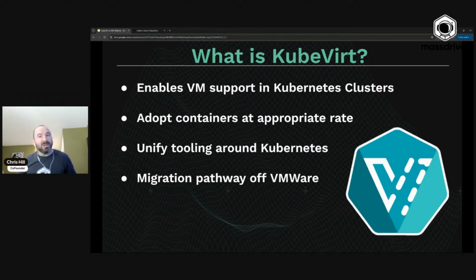KubeVirt is officially a CNCF incubating project, which, if you aren't familiar, is the Cloud Native Computing Foundation. A lot of the major open source tools with a lot of adoption, like Kubernetes, like Prometheus, and like KubeVirt, are all CNCF projects.